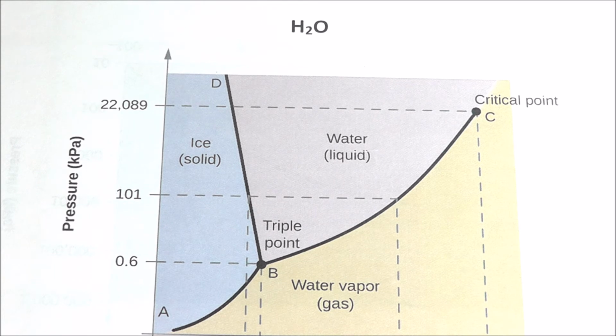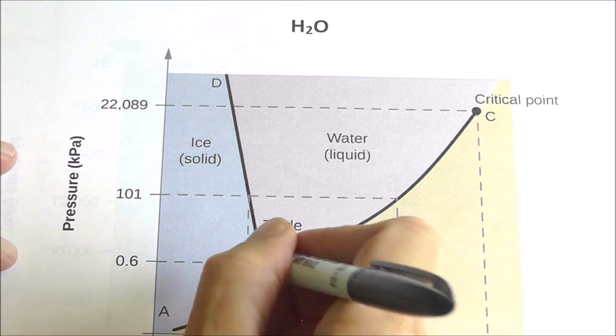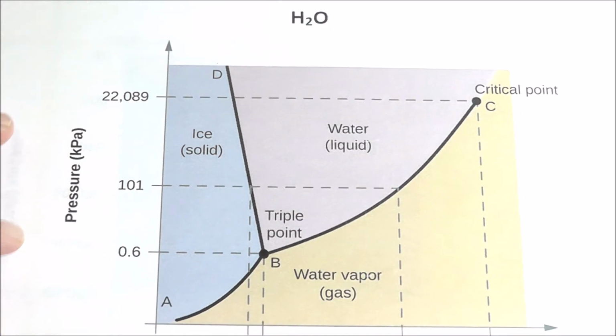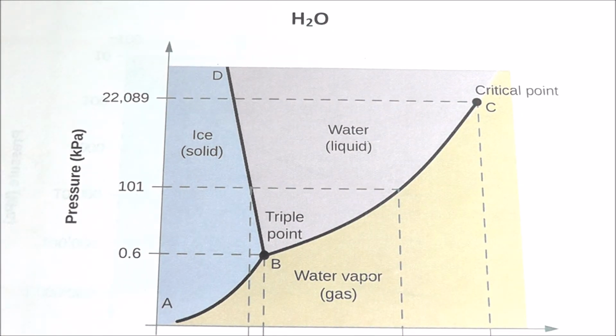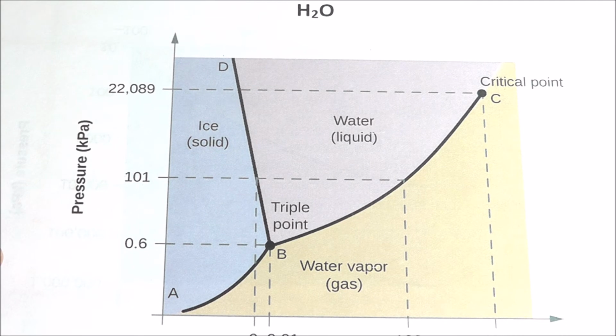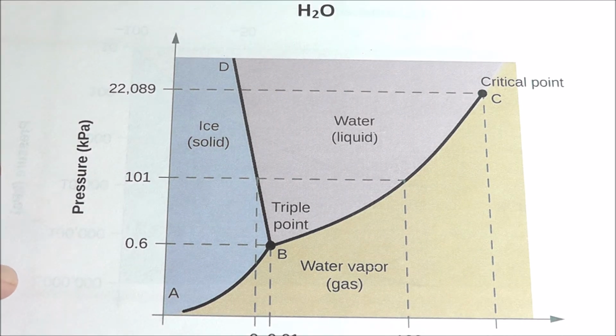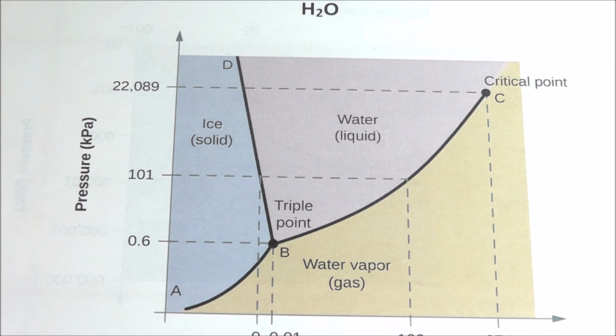I just realized that I didn't really perfectly explain the triple point last time. So you see that the triple point of water is somewhere around 0.6 kilopascals, that's pressure. So it's really low in terms of pressure, and pretty low in terms of the temperature as well.